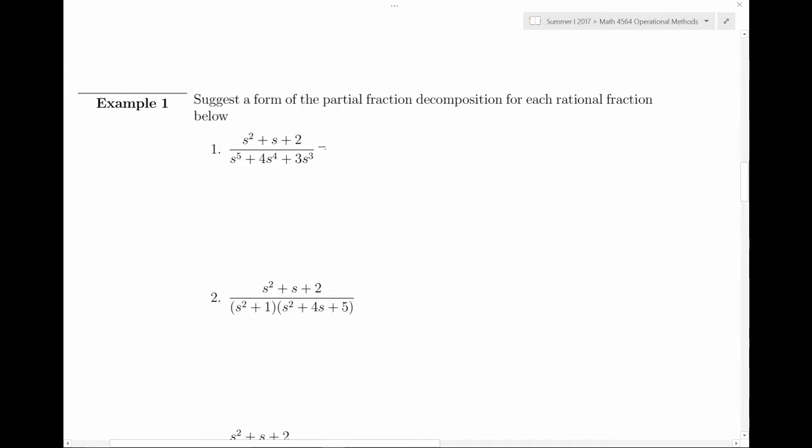For the first example, here we can see that I can factor s cubed out of the denominator. And what's left is s squared plus 4s plus 3. The top stays the same.